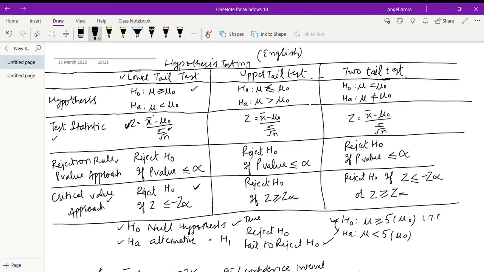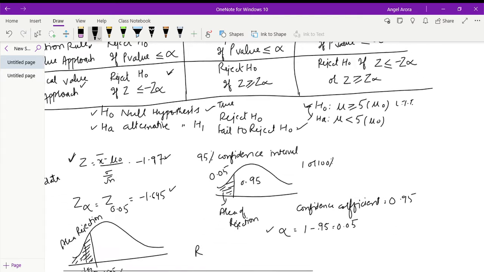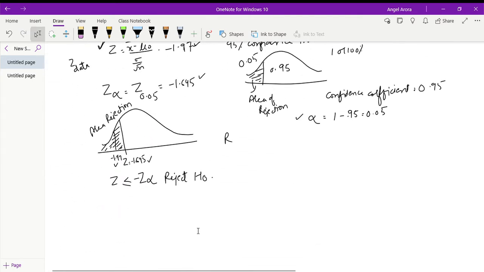Now the rejection rule, p-value approach. What is the p-value approach and what is the p-value? First of all, p here means probability: the probability of getting more extreme values than the ones observed in your data.